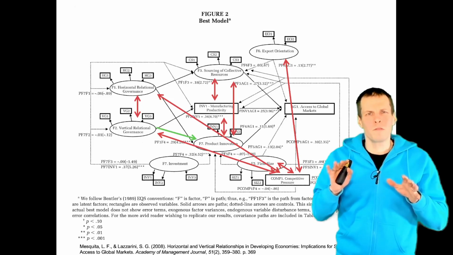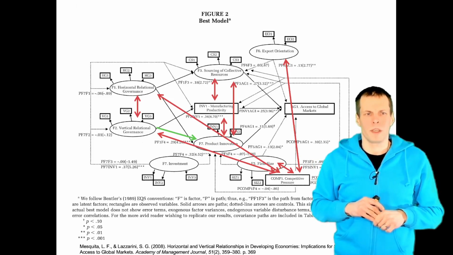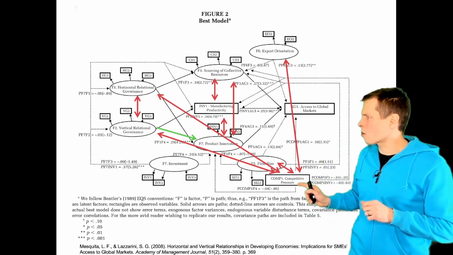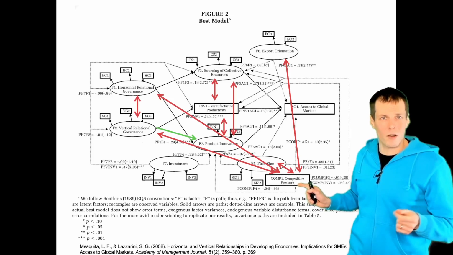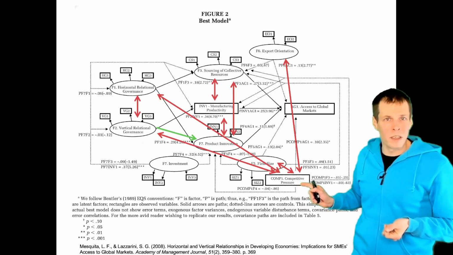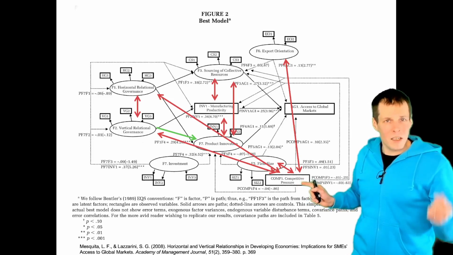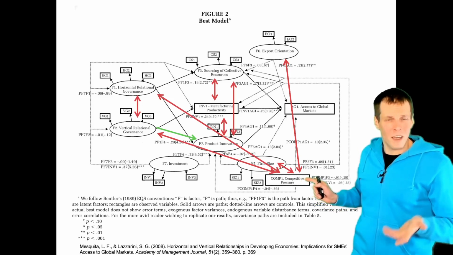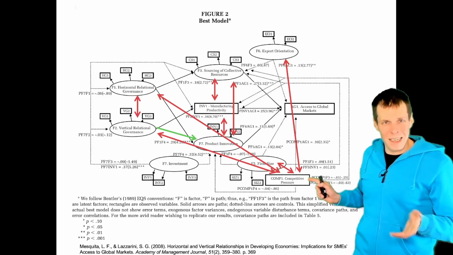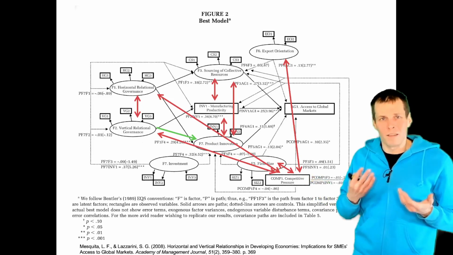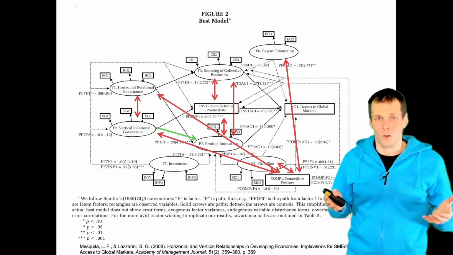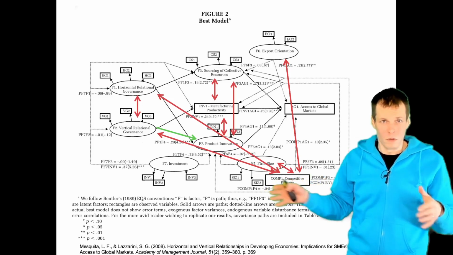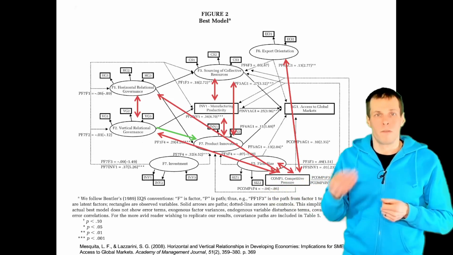But they also fail to add things that should be there in the model. For example, their competitive pressure is a single indicator variable, so it's directly measured, and they initially constrained it to be uncorrelated with all other control variables. That constraint, of course, does not make any sense, but that's probably their software default, and they forgot to free the covariances or simply did not look at the model in more detail before they estimated it.